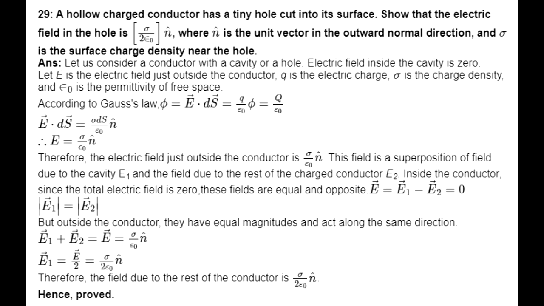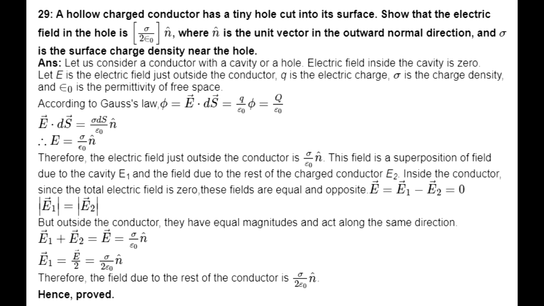This field is a superposition of the field due to the cavity E1 and the field due to all the rest of the charged conductor E2 inside the conductor. Since the total electric field inside is 0, these fields are equal and opposite. So E1 minus E2 is equal to 0.